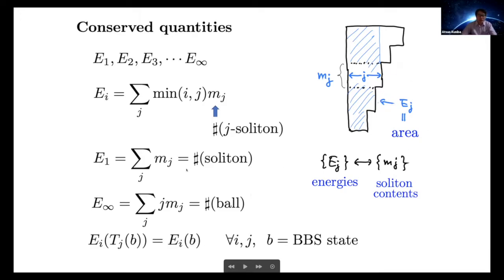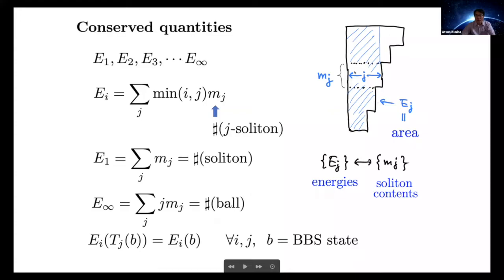And the simplest example is E_1, which is the total number of solitons, and E_infinity is the number of balls. And by conserved quantity, I mean that this holds for any pair of i and j.